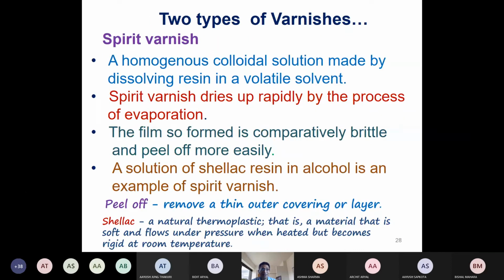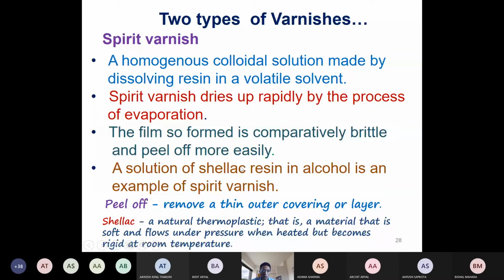Now the second type of varnish is spirit varnish, a homogeneous colloidal solution made by dissolving resin in volatile solvent. Spirit varnish dries up rapidly by the process of evaporation. The film so formed is comparatively brittle and peels off more easily.